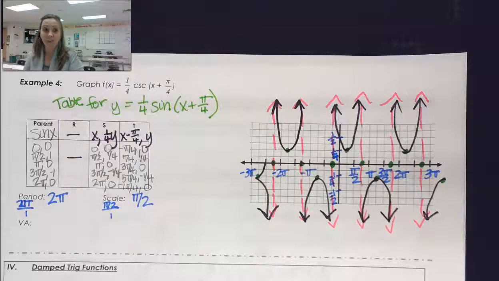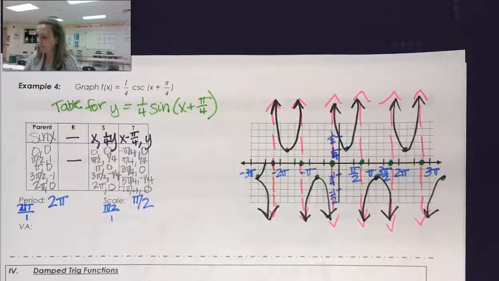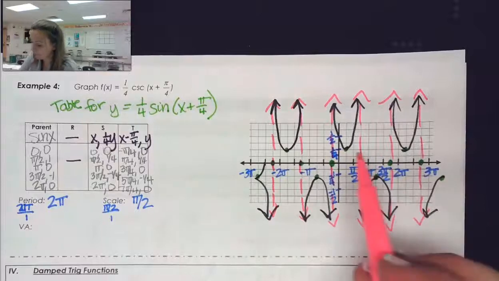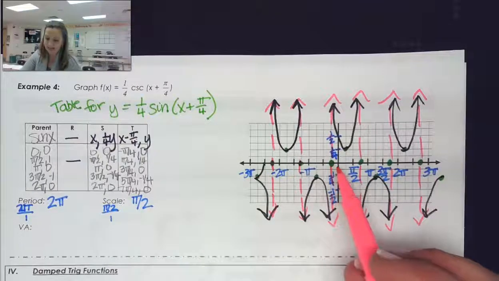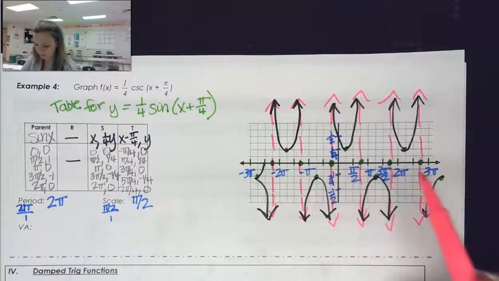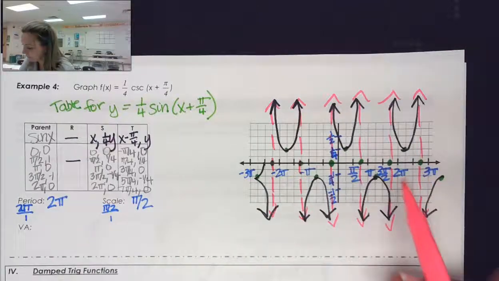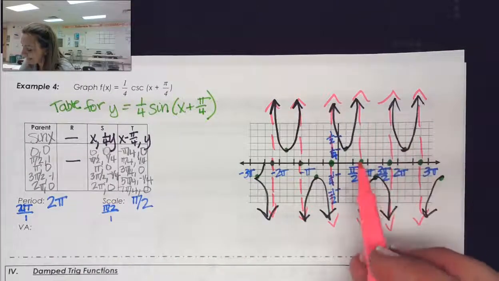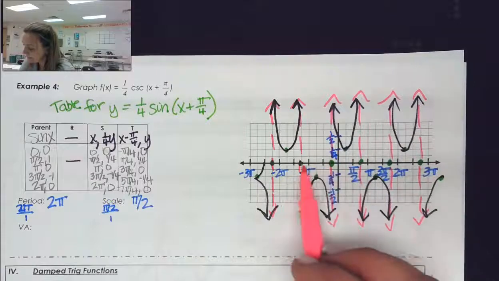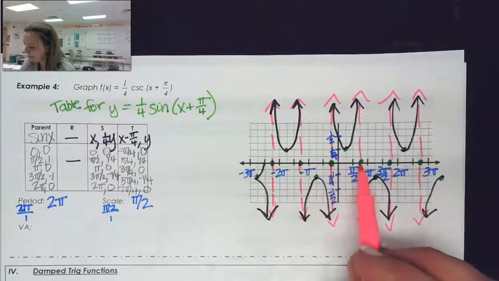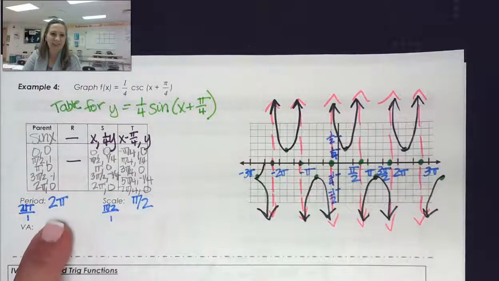Oh, and if I wanted my vertical asymptotes, I noticed that they occur every pi units. Notice that it's always half a period.